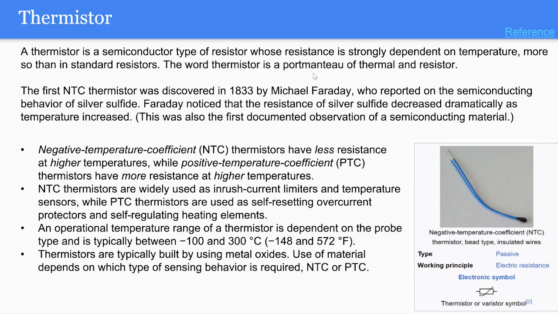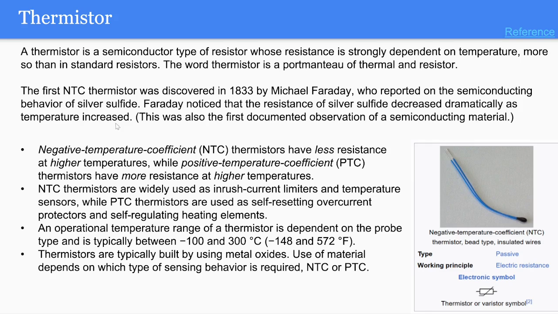The first NTC thermistor was discovered in 1833 by Michael Faraday, who reported on the semiconducting behavior of silver sulfide. Faraday noticed that the resistance of the silver sulfide decreased dramatically as temperature increased.